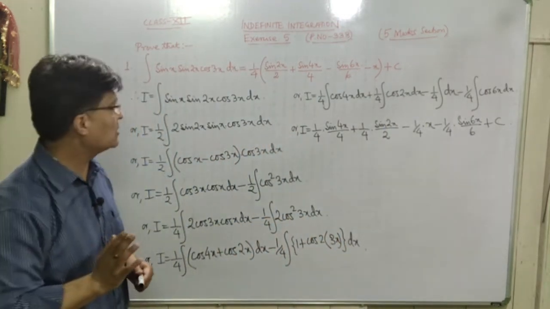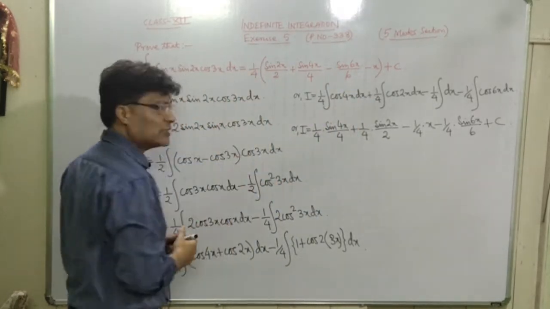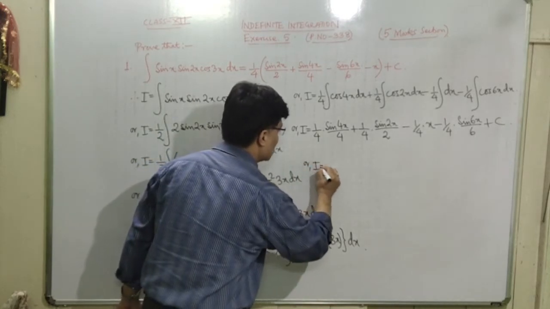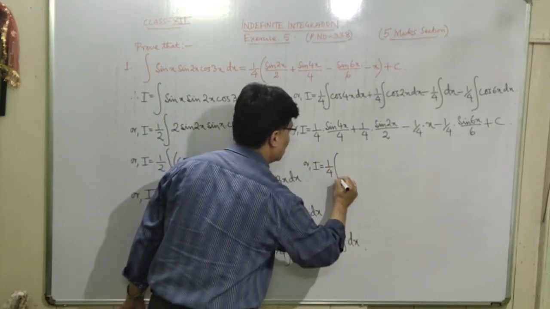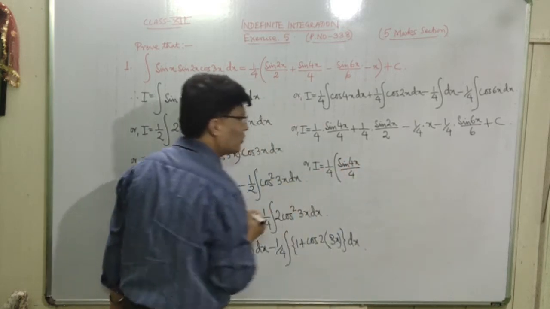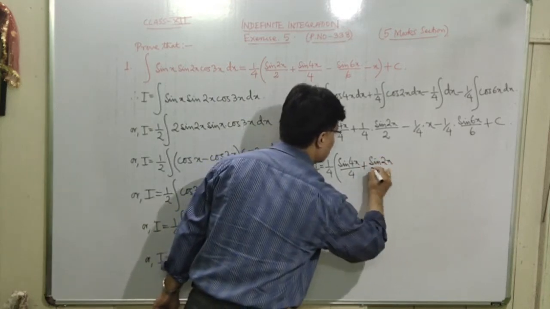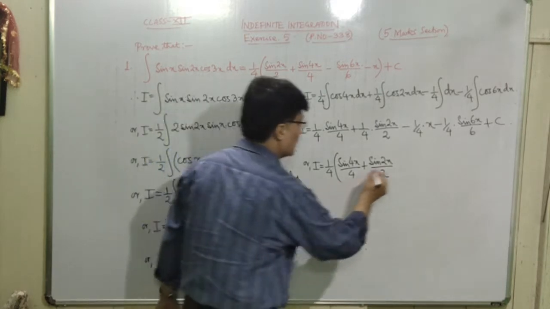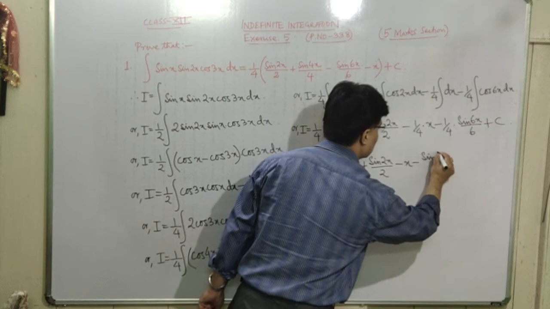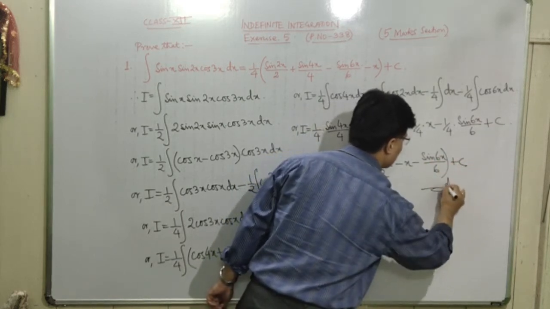So I think you have understood it. Now we have to prove this result. In this case, 1/4 is taken common. So within the bracket, what do we get? sin 4x by 4 plus sin 2x by 2, minus x, minus sin 6x by 6, then plus c.